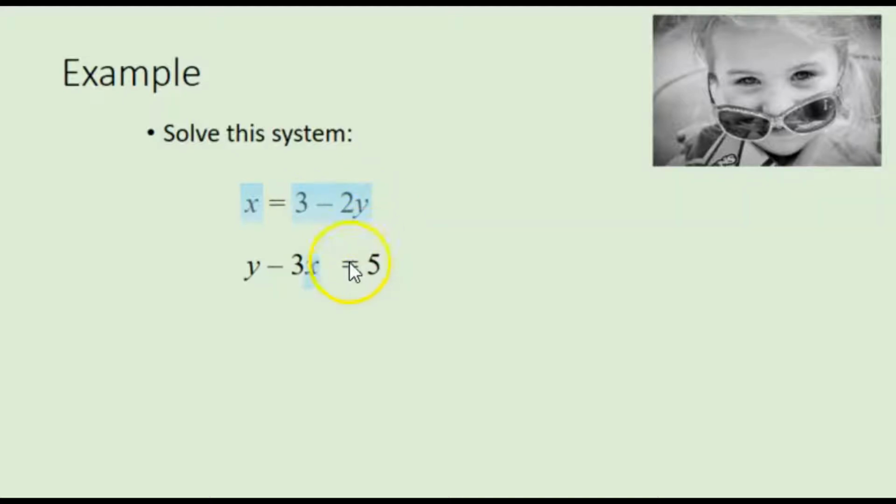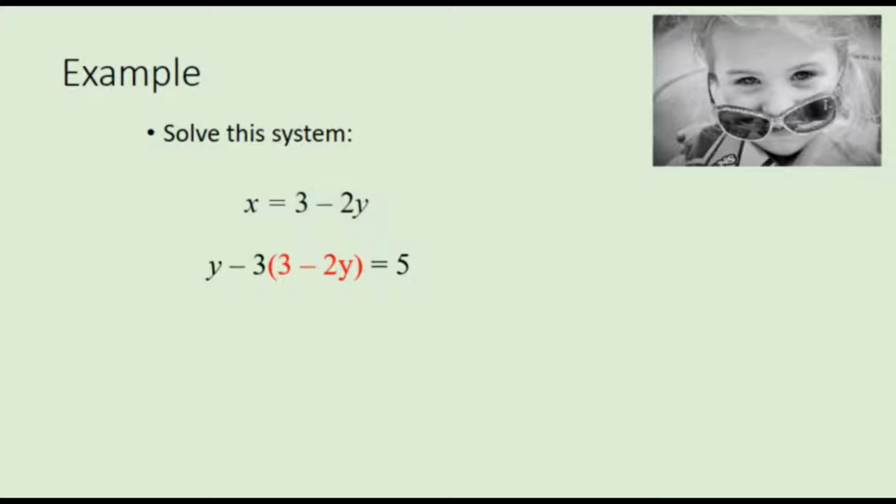We're going to use substitution then for replacing x in the second equation with its equivalent value given in the first equation. So x is going to be replaced with 3 minus 2y. What this has done has eliminated the second variable. We now have an equation all in one variable.